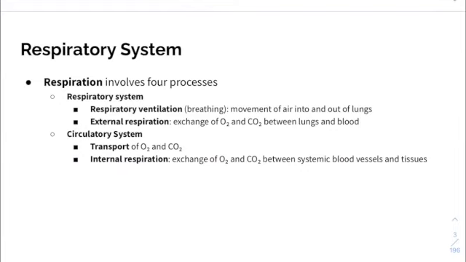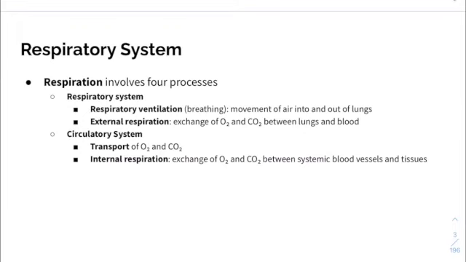Respiration in the circulatory system involves transport, because our red blood cells transport oxygen and carbon dioxide. And along with having external respiration, we also have internal respiration. Our lungs and blood vessels exchange carbon dioxide and oxygen throughout our entire body, I should say, because our body is a bunch of systems.